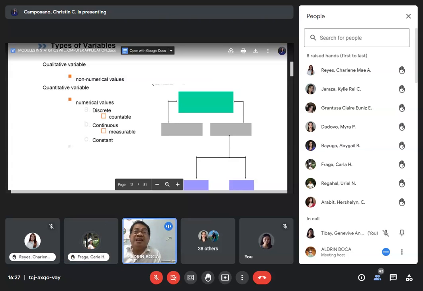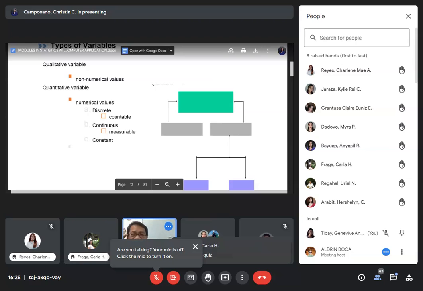Hindi clear. Narinig kita pero hindi clear. Ay, sorry po, baka po sa internet, sir. Pero naririnig ko po kayo ng maayos. Okay. Score po sa quiz. Your example is what, Miss Fraga? Score po sa quiz. Ano? Hindi ko maintindihan, sorry. Kinat ko na lang po.